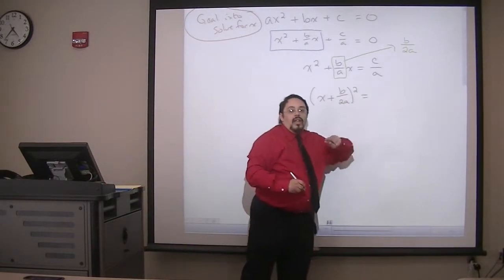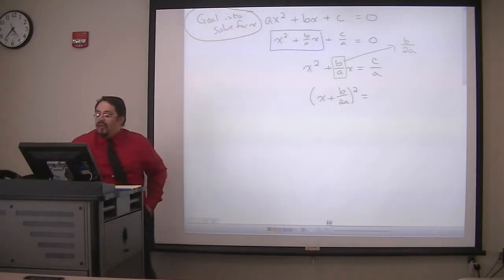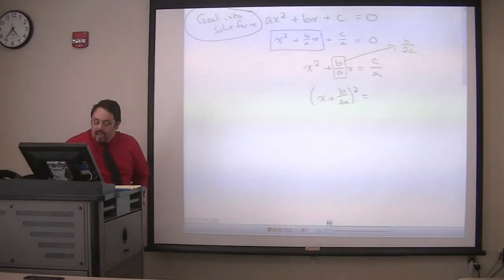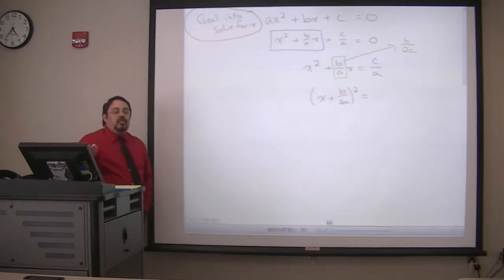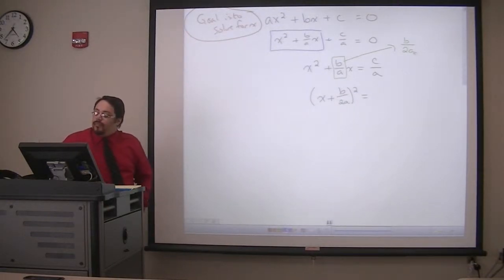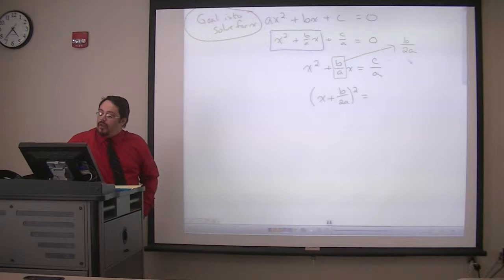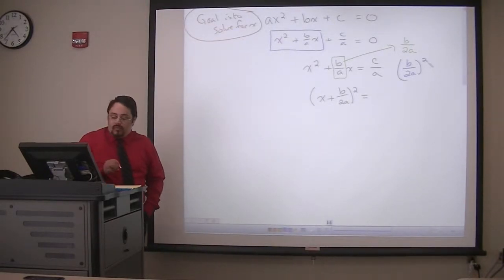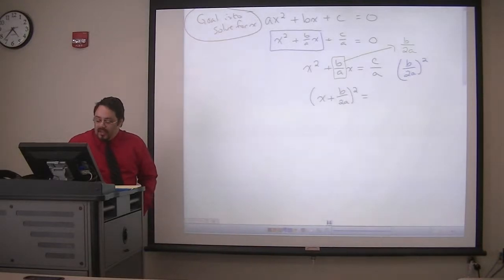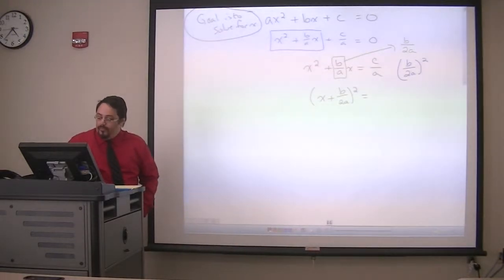Now over here on this right-hand side, we need to square what we have here in green and add that to the right-hand side. So when we square b over 2a, we're going to add that to negative c over a.